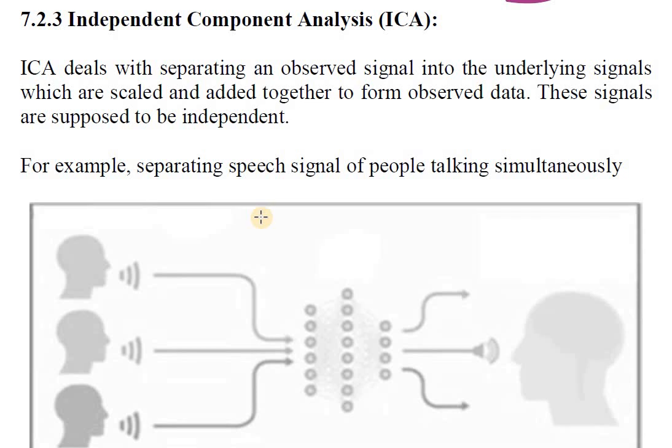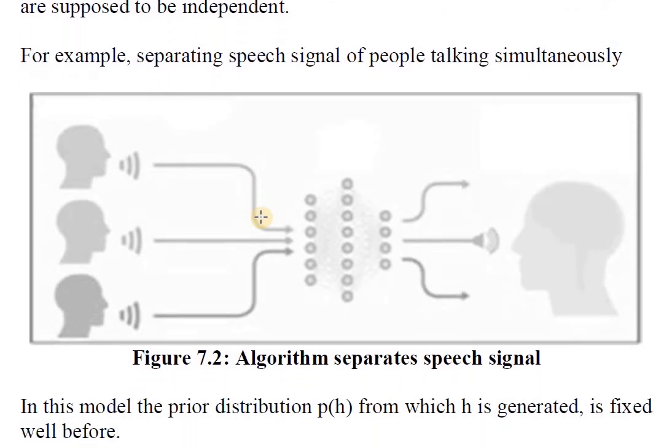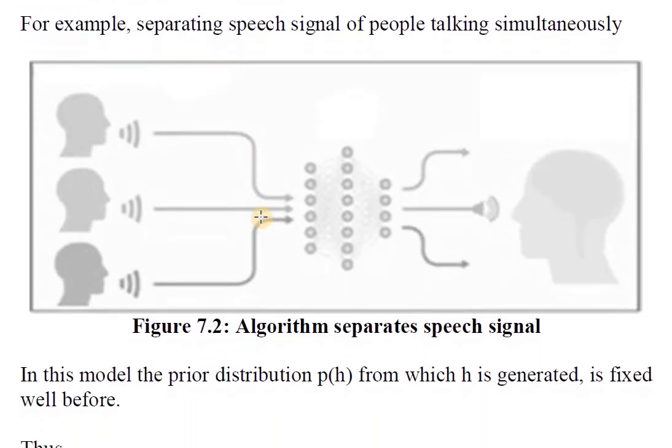So ICA typically deals with separating observed signals into underlying signals, which can be scaled or added together to form your observed data. Okay, and we are assuming that these signals are independent. Okay, so the exact same use case is discussed over here. If I want to separate the speech signals of people talking simultaneously, this is what I will be doing.